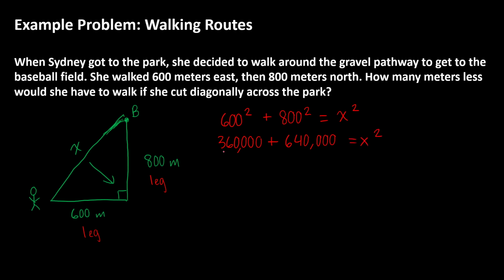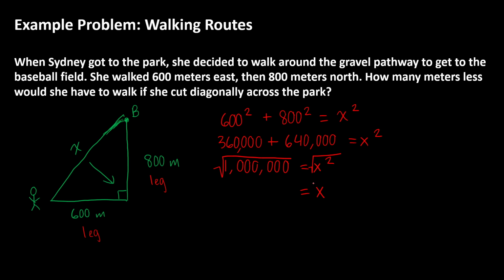So we combine like terms. We add 360,000 to 640,000, and we get 1 million. 1 million equals x squared. The inverse operation of squaring x is taking the square root. So we're going to take the square root of both sides. So x is going to equal the square root of 1 million.